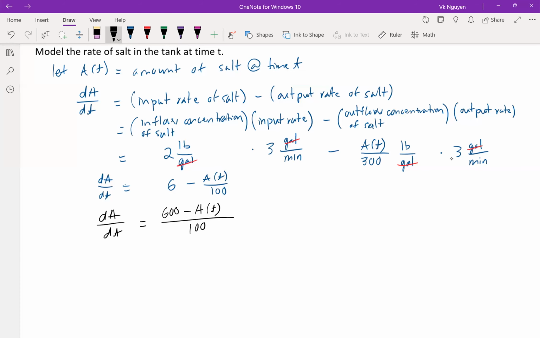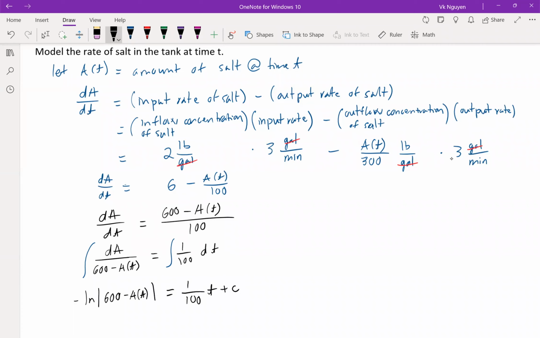And so dA over (600 minus A) equal to 1 over 100 dt. Integrate both sides, and we have minus ln absolute value 600 minus A equal 1 over 100 t plus C.